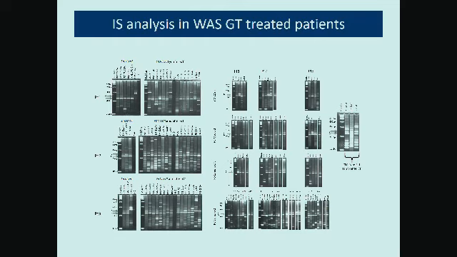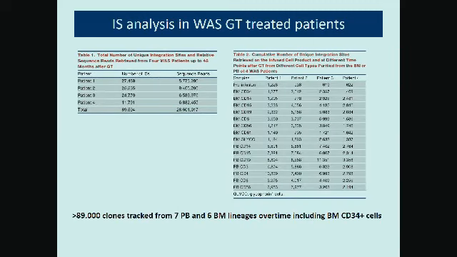We basically scanned at different time points after gene therapy the reconstitution of the hematopoietic system in these patients, collecting data not only from the peripheral blood, but also from the bone marrow. So we had access in these patients to bone marrow aspirates at different time points after gene therapy, and at the same time to peripheral blood samples.